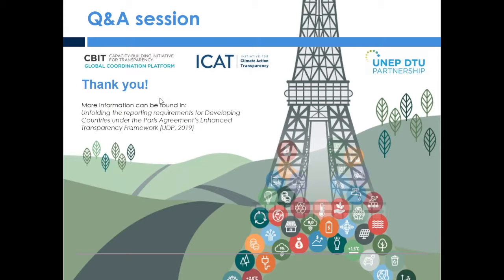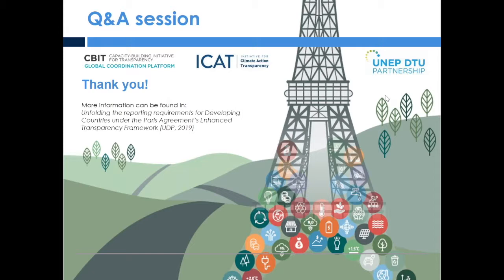We will provide more information about what goes into the biennial transparency report in the next webinar. So if you join us on Thursday, you will get more information on that. If it's about an application form in terms of applying for support, then I think Henning answered the question on ICAT and I answered the question on CBIT earlier.